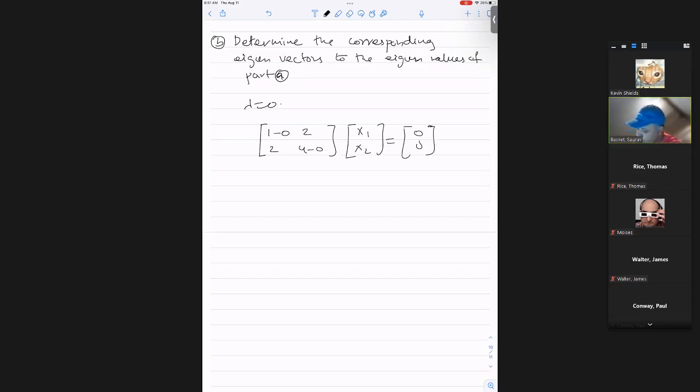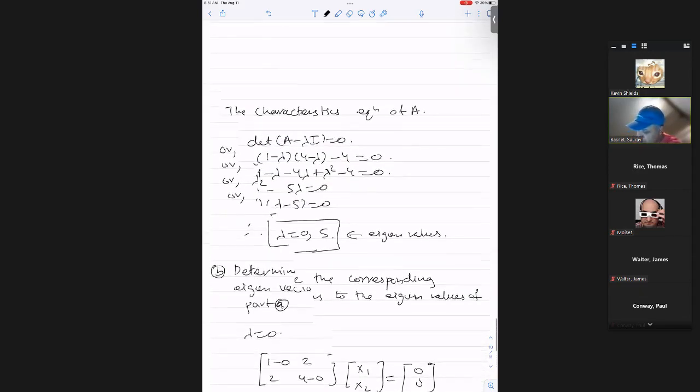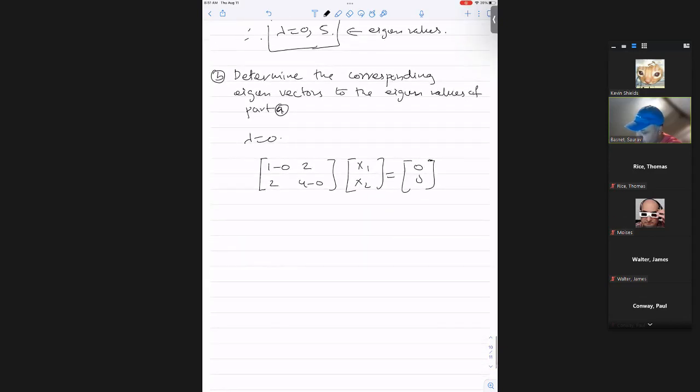This matrix is your A minus lambda I, and let's call it B. So we're trying to solve B x bar equals 0, and we're trying to find x1 and x2. Are you guys following me?